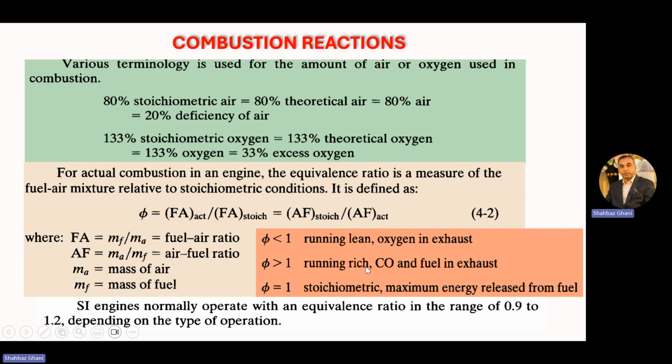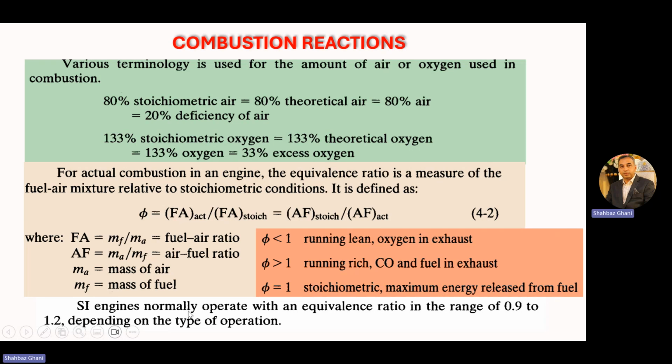So when we have less oxygen, one of the end products is carbon monoxide, and there is fuel in the exhaust. When phi is equal to 1, we have the ideal condition. We require the same amount of fuel and the same amount of oxygen. In the ideal stoichiometric condition, theoretically the maximum energy is released from the fuel.